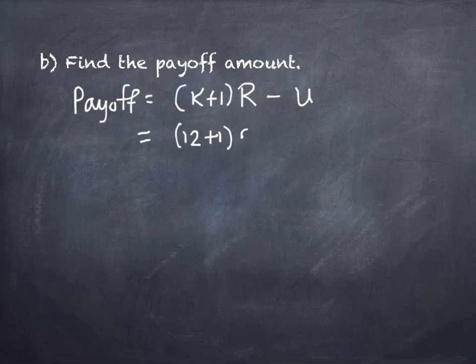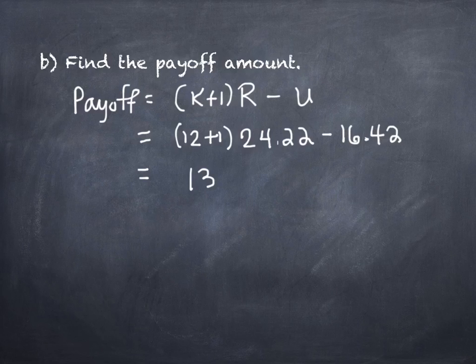The regular payment still was $24.22. The unearned interest is the part that's different on this one, right? My unearned interest is $16.42. And again, we want to make sure that we do the multiplication of 13 times 24.22 first, and then subtract the 16.42 second.